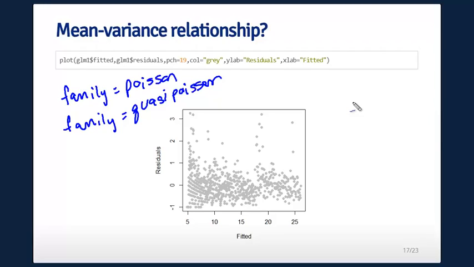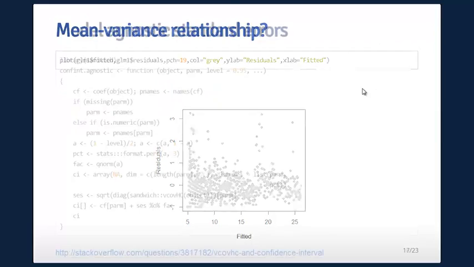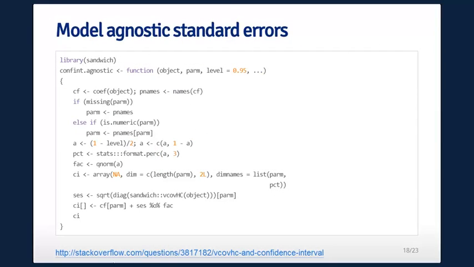in statistics is to get these so-called robust standard errors, and Jeff found this answer to this question in Stack Overflow, where you can use these so-called sandwich variance estimates and get a confidence interval that uses these so-called model agnostic standard errors.